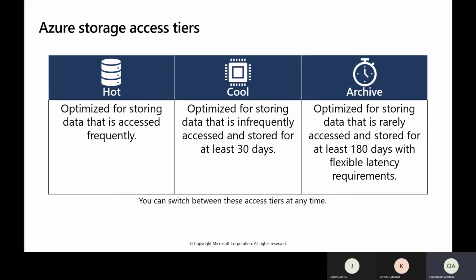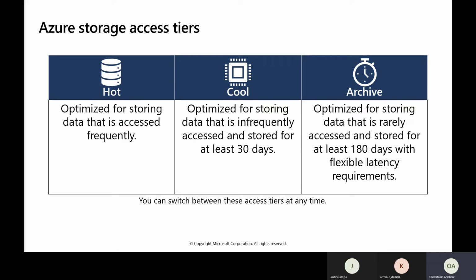And finally, we have the archive. Now, this archive tier is optimized for data that can tolerate long retrieval hours, or that is seldom used, if I can use that word. Now you can actually switch between these tiers at any time.